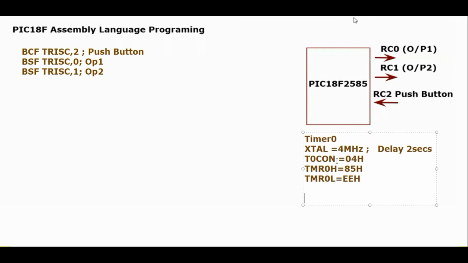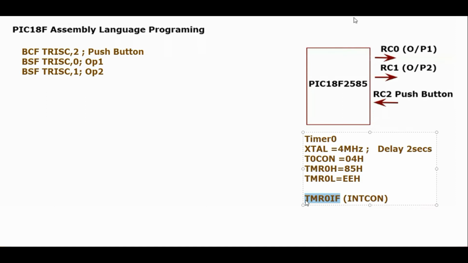Furthermore, besides these registers, you also need to check a single bit, which is the Timer 0 IF bit, and it is present in the interrupt control register, INTCON. In interrupt control, there is a flag bit known as Timer 0 IF, and its importance is that it is the alarm that the timer has expired.